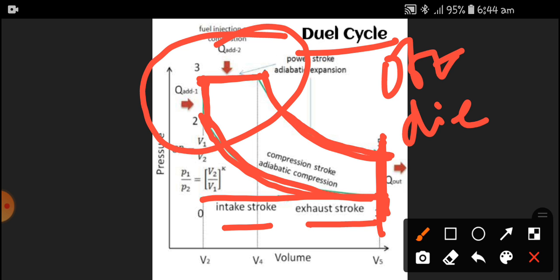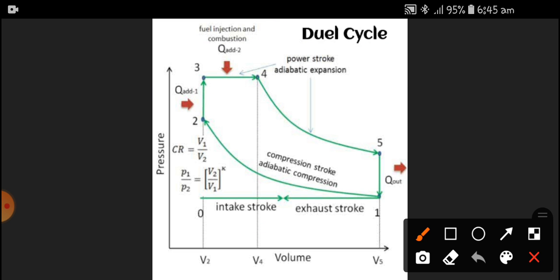If it is a dual cycle, both come together. So the dual cycle is a combination of the Otto as well as diesel cycle. Heat addition happens twice in the dual cycle. Similar to the diesel cycle, the compression process is more than the expansion process.